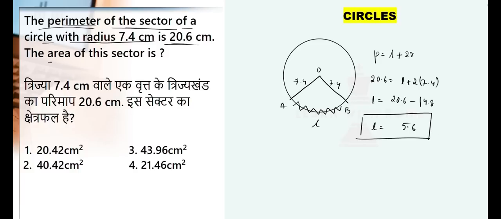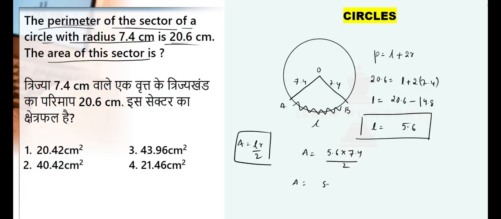But they asked us to find the area of this sector. Just now we saw the relation between area and the length of the arc, right, which is area equals L R by 2. From this, area equals length 5.6, R is 7.4 divided by 2. So area equals 5.6 multiplied with 3.7.